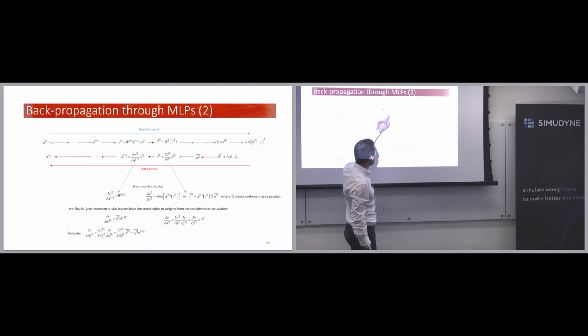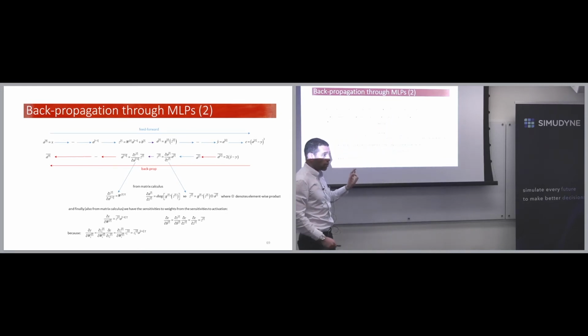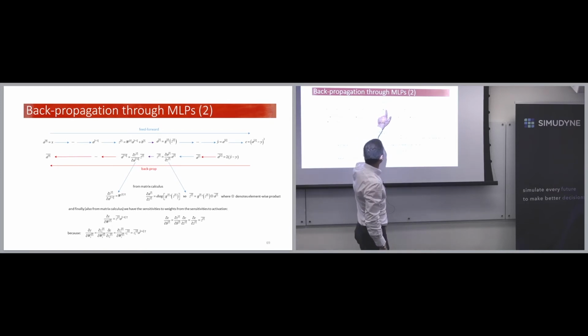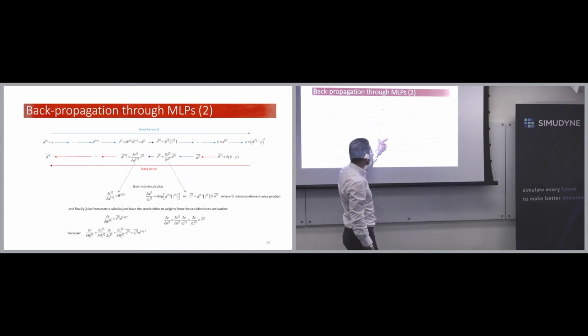So what is dAL over dZL? Well, we have seen that an hour ago when we saw some elementary matrix calculus results. Because AL is obtained from ZL by an element-wise application of G, dAL over dZL is the diagonal matrix of G prime, the derivative of GL, applied to the elements of ZL.